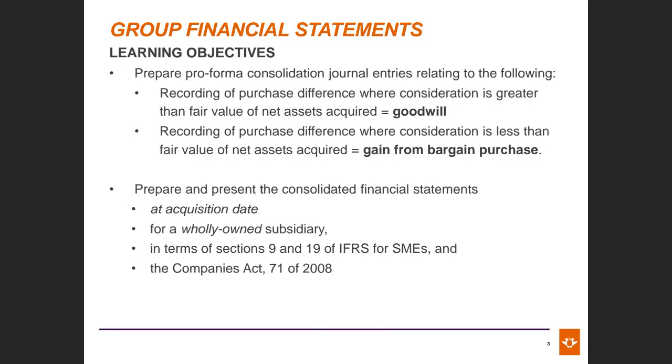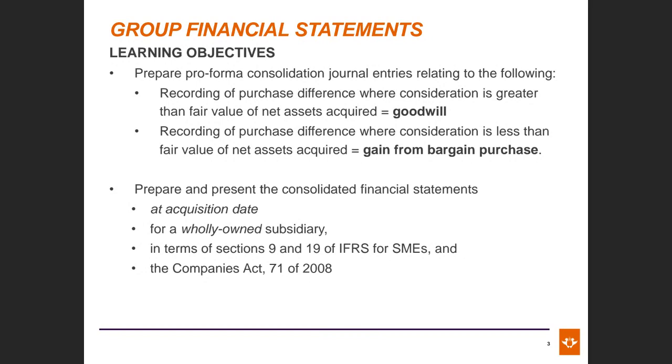We are going to be learning about what is goodwill and how it should be accounted for in the consolidation process. Then on the other hand, which is the opposite from where there is goodwill, there can be a gain on bargain purchase. So this would happen where the consideration paid is less than the fair value of the net assets acquired.